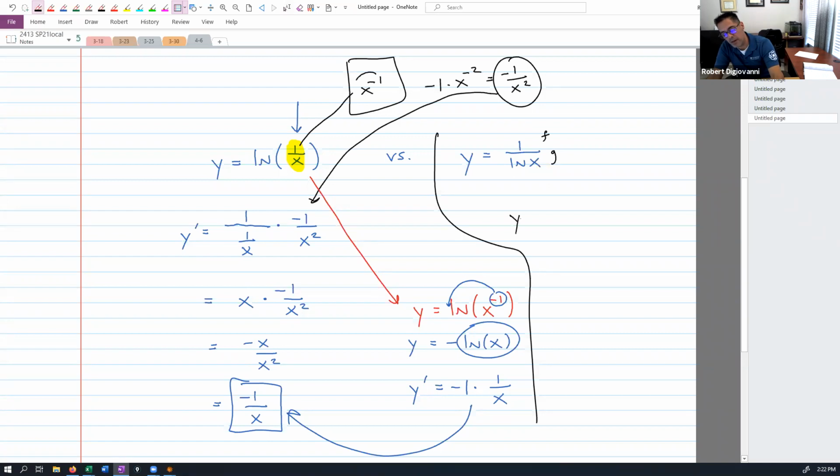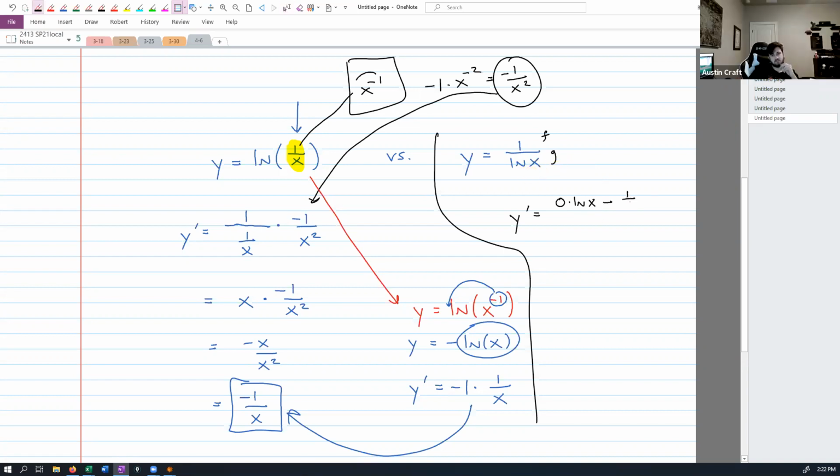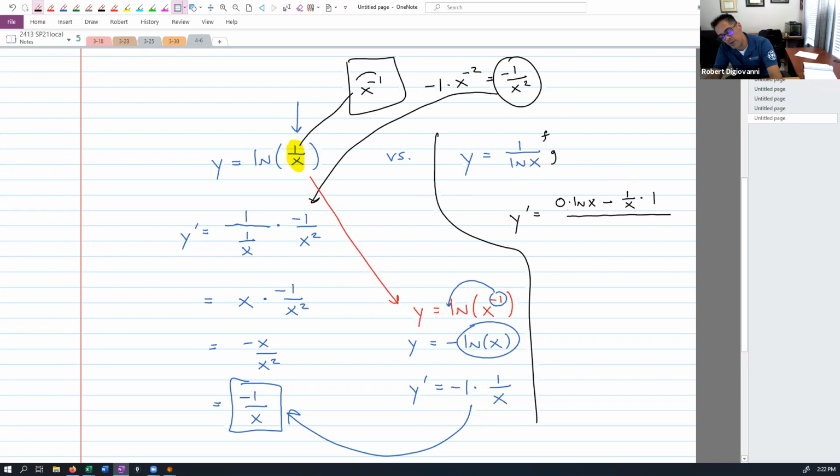So if we want the derivative, we do the derivative of the top one, which is 0, times the bottom function, minus, what's the derivative of the bottom function? 1 over x, times the top function, which is just 1, all over the bottom function, natural log of x, the whole thing squared.